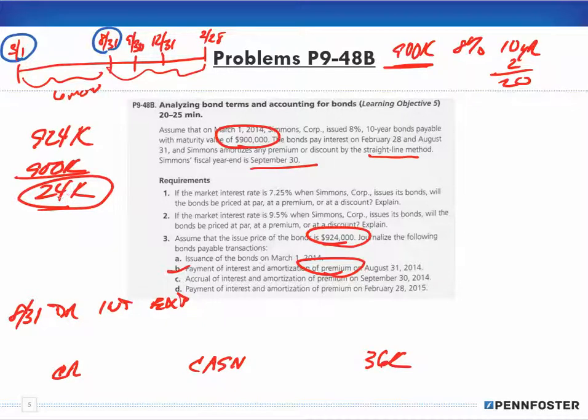That premium needs to be amortized, and that amortization will go against a debit, because debits have to equal credits. So we'll debit the premium on the bond payable.